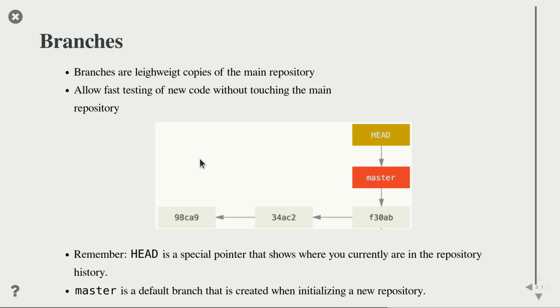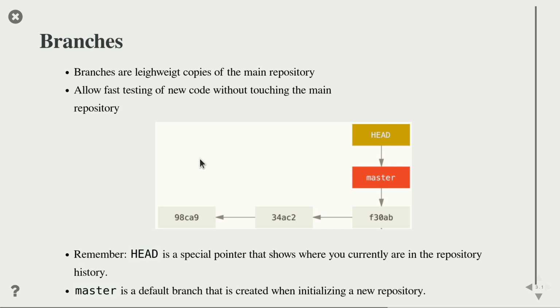So remember, head is a pointer to the latest commit that we have. But I wasn't quite honest when I said that, because really we also have these pointers that are called branches. And again, a branch is just a pointer that has a name and that points to a specific commit.